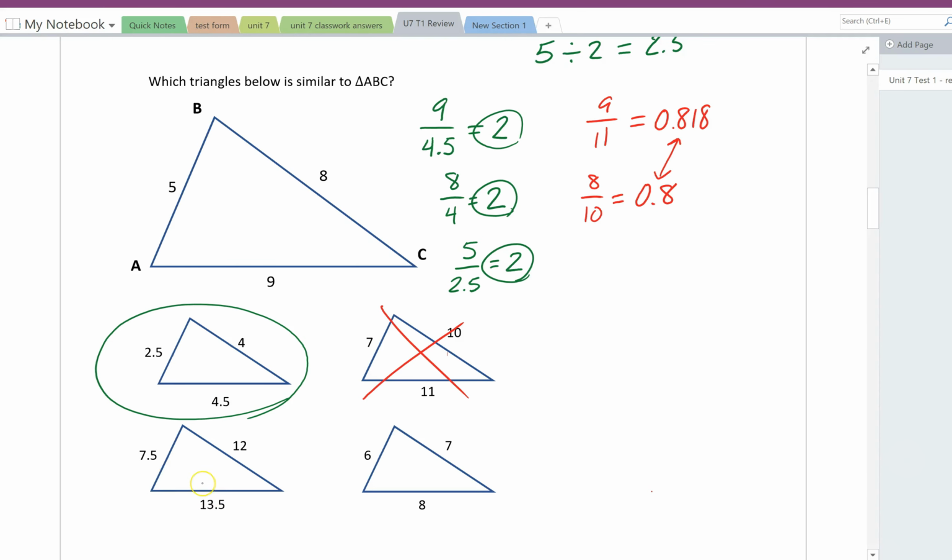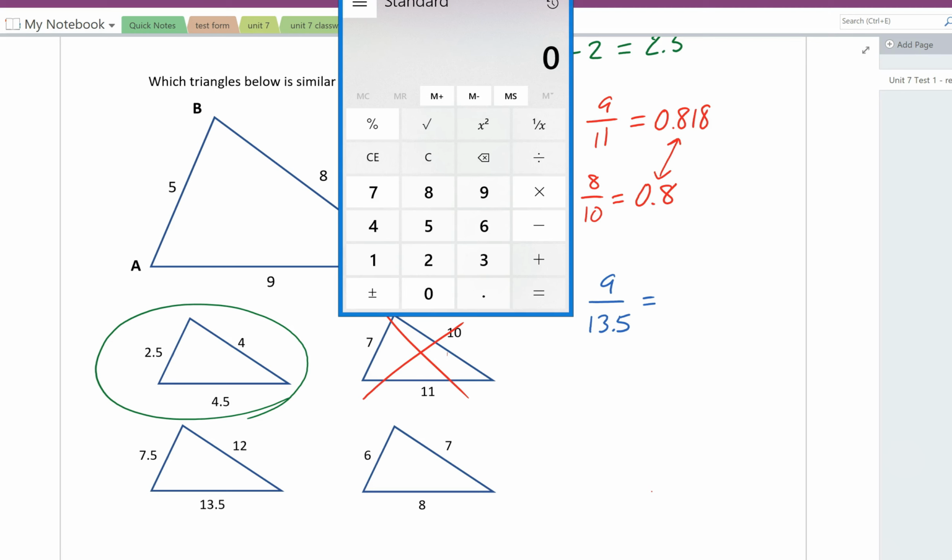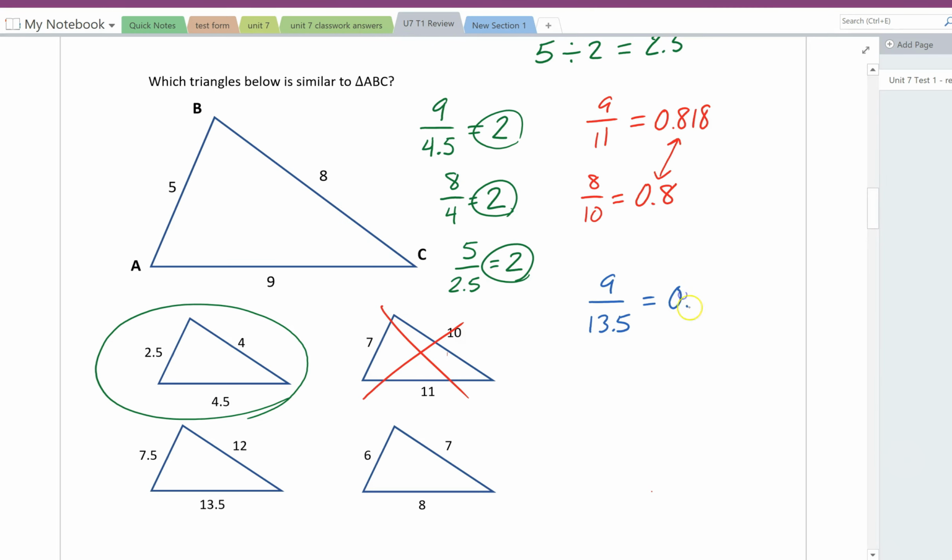Next one, I'm going to do the one on the bottom left. So again, I'm going to start with AC, which is 9. The side that corresponds with it down here is 13.5. 9 divided by 13.5 is 0.6, repeating. Side BC is 8.